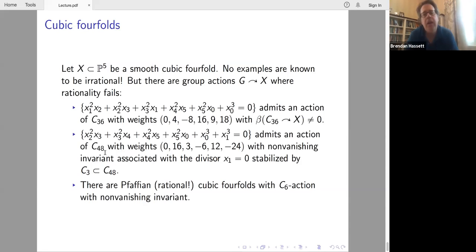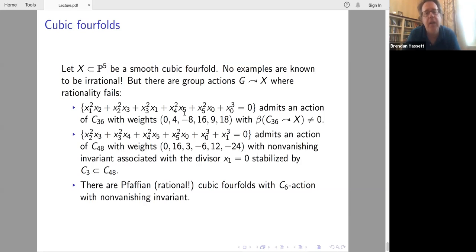Thankfully, a number of authors have systematically classified cubic fourfolds with very large order automorphisms. If we look at some of those explicit examples, like the automorphisms of order 36 and 48, you can cook up instances where the original Kontsevich-Pestun-Tschinkel invariant is non-vanishing.